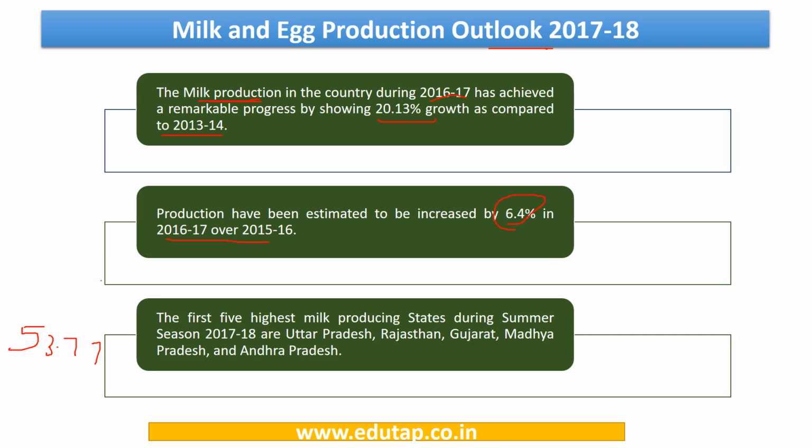Therefore, it is a growth of around 4.7% on a year-to-year basis. In this seasonal estimate, the top 5 milk producing states are Uttar Pradesh, Rajasthan, Gujarat, Madhya Pradesh and Andhra Pradesh.